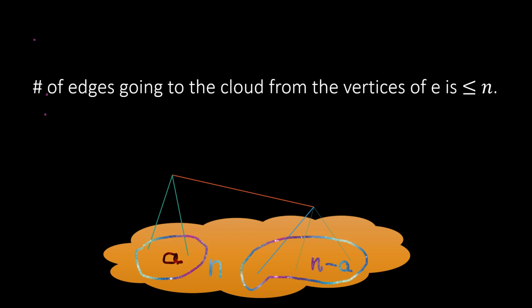But the number of edges going from the vertices of E to some vertex in the cloud is less than or equal to n, because there are a total of n vertices in the cloud, and if some vertex in the cloud is adjacent to both of the vertices in E, then there will be a triangle.